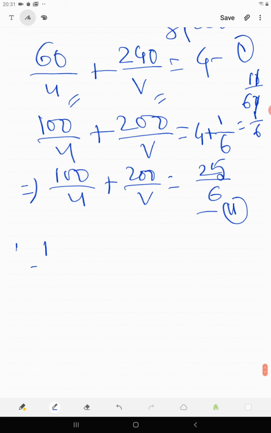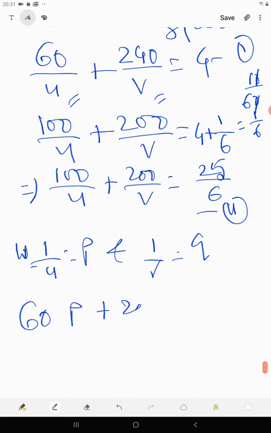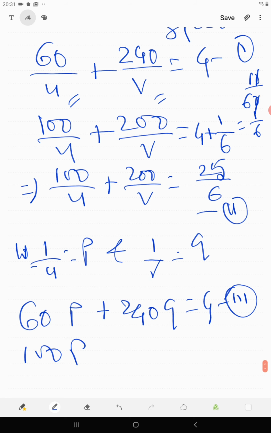We will assume let 1 by u equals to p and 1 by v equals to q. So 60p plus 240q equals to 4. This is our equation 3. Similarly, 100p plus 200q equals to 25 by 6.